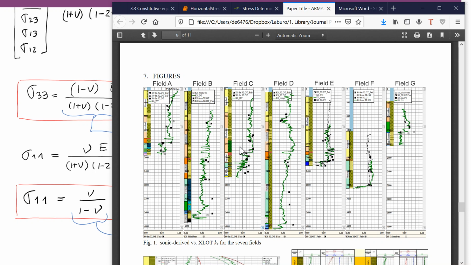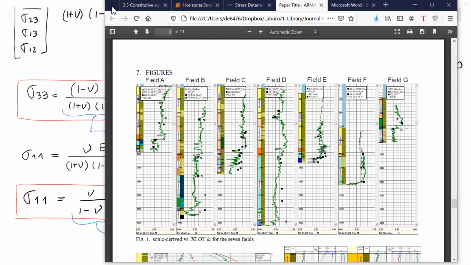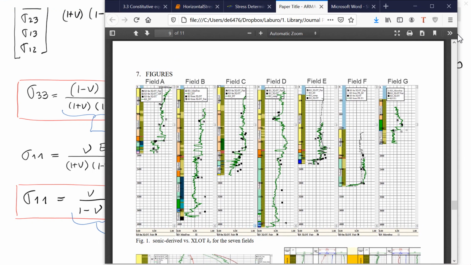So whether it is a coincidence that this elastic model works well in the field or not, that's something we're going to discuss in more detail throughout this course. Personally, I think it's halfway between a coincidence and a physical model.